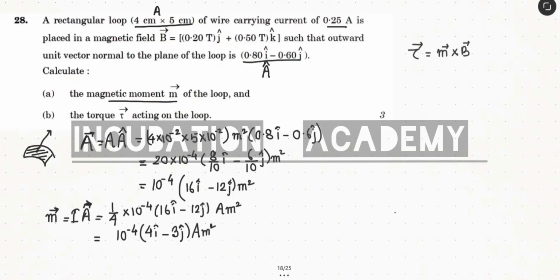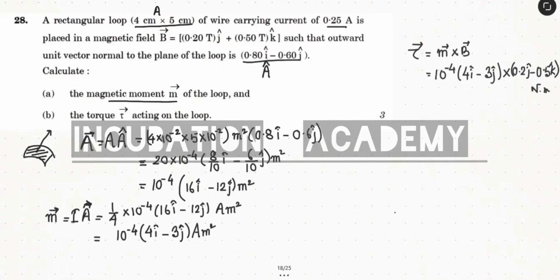We have just calculated m: it is 10 to the power minus 4 multiplied by 4 i cap minus 3 j cap, cross the b vector, that is 0.2 j cap plus 0.5 k cap. Since it is torque, the unit should be Newton meter.